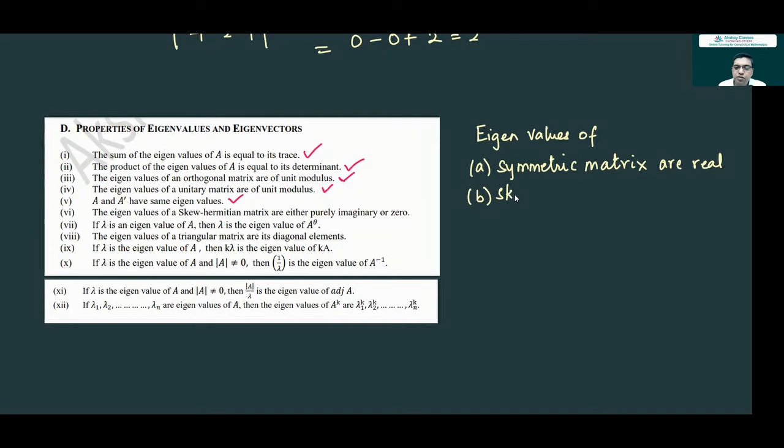Eigenvalues of a skew symmetric matrix are zero or purely imaginary.